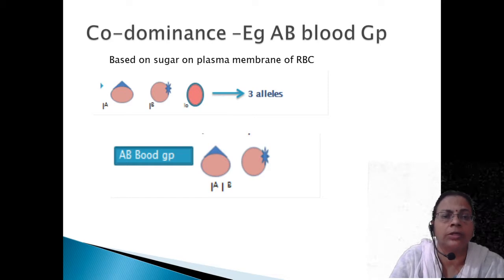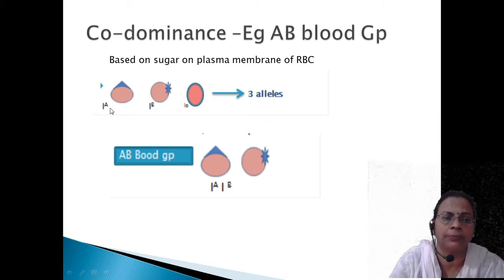It is based on a type of sugar which is present on the plasma membrane of the RBC. So here I have represented the RBC. On this RBC there can be two different types of sugars. If the type of sugar is A, that in turn is regulated by an allele.